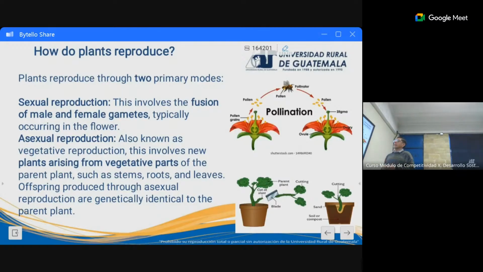And the second, the asexual reproduction, also known as vegetative reproduction. This involves new plants arising from vegetative parts of the plants, such as stems. This is the stems and the roots that I drew before, the roots and leaves here.